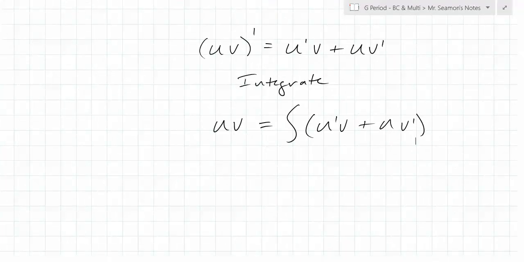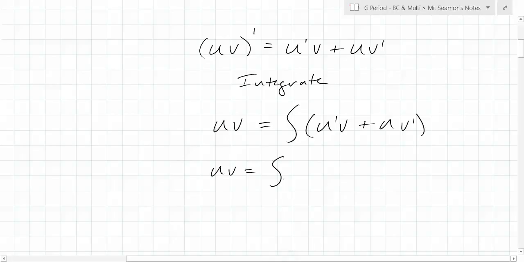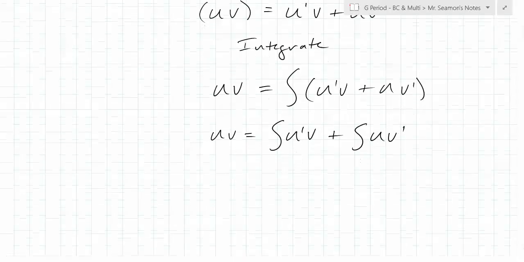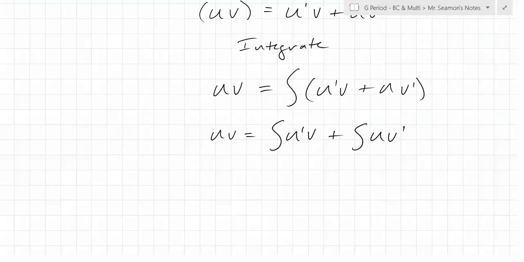You with me so far? Okay, so if I have the integral of the sum of two things, what can I break that apart into? Separate integrals, if I wanted to, right? Your job is to make sure I don't make any small mistakes. So what do we have here? uv is equal to the integral of u prime v plus the integral of u v prime.